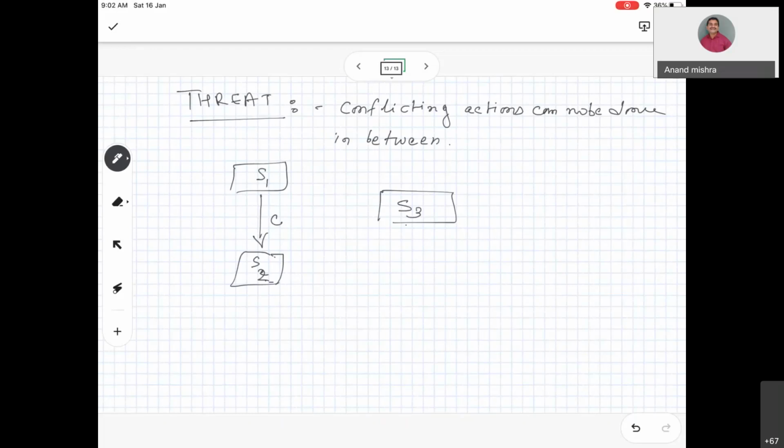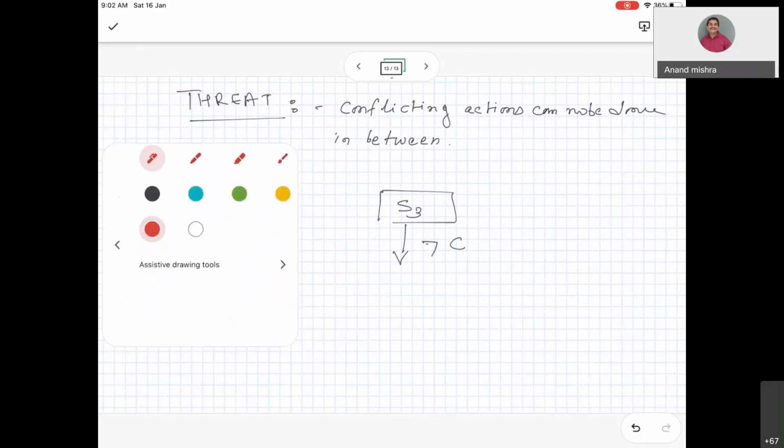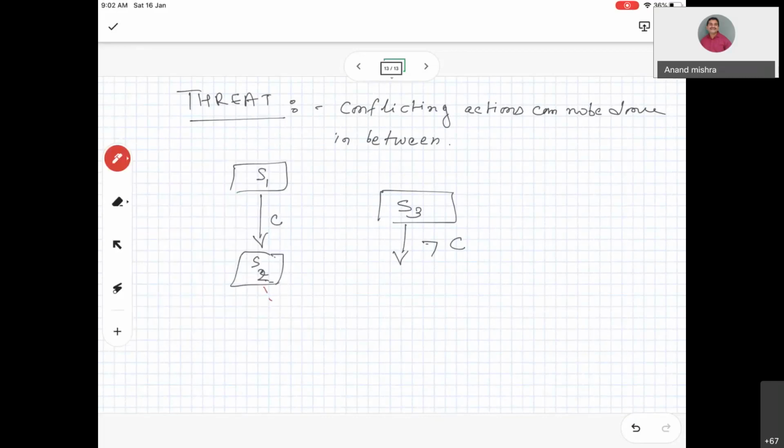The effect of that is, let's say, negation of C. So then you need to either first finish this S1, S2, and then do this S3. That's one way.